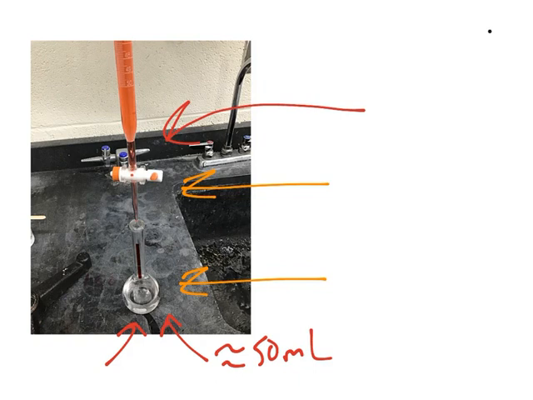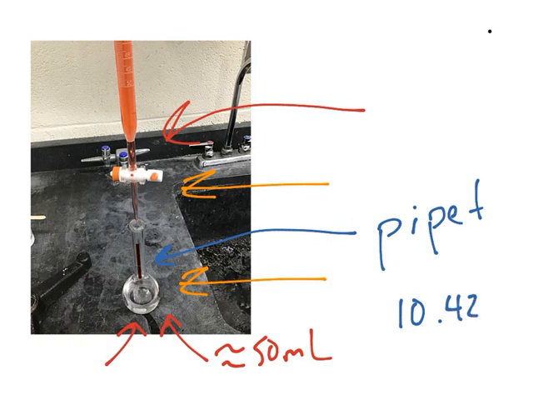Once we've deposited our 10.42 milliliters, then we will use a pipette to add the remaining water until this volumetric flask is full to that little bitty white line on the neck of the volumetric flask. And that will let us know that we added 10.42 milliliters to a total volume of 100 milliliters, which means we will have diluted our acid to our desired concentration.